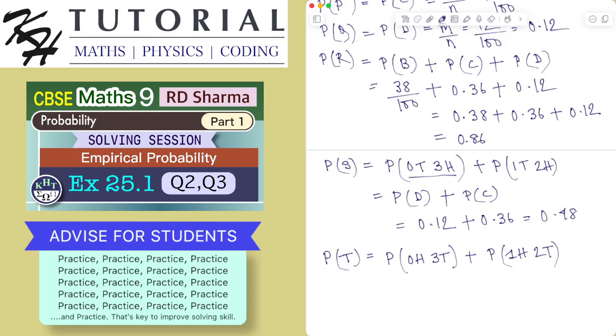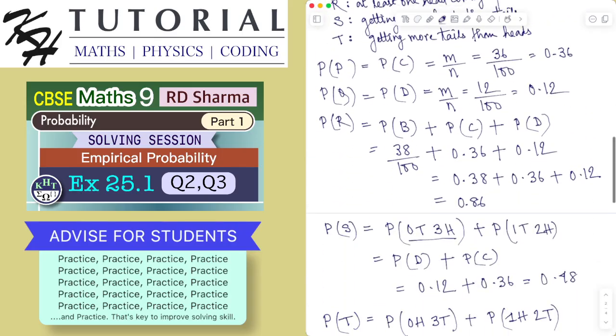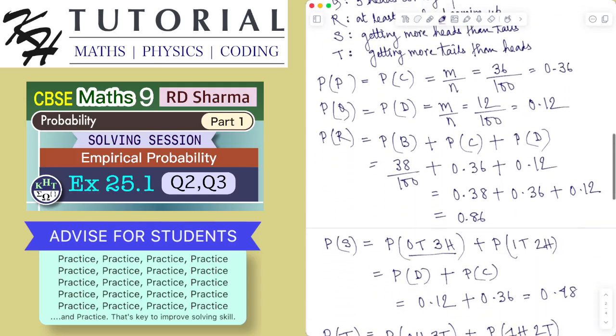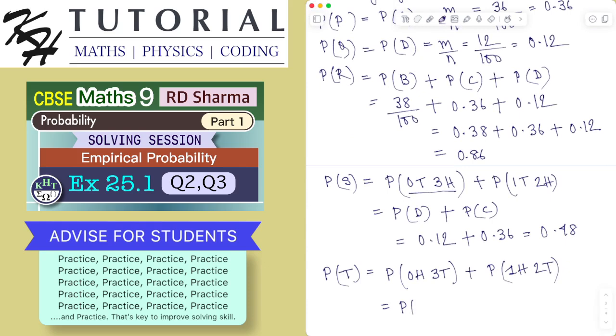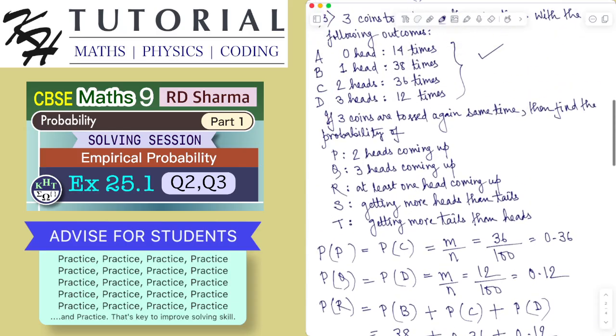Only these 2 events can happen if we want to have more tails than heads. Now 0 head and 3 tails is event A, probability of A, plus 1 head and 2 tails, which is event B.